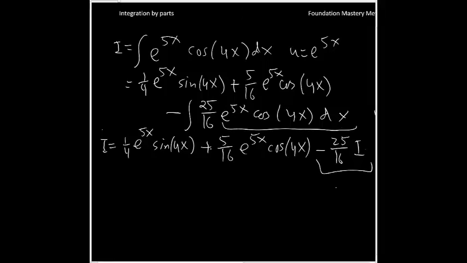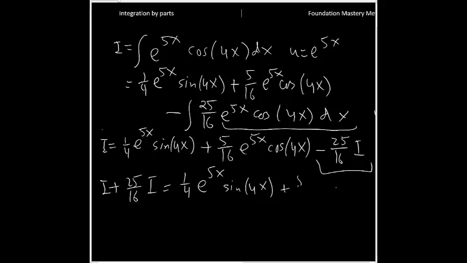So to move with the plus sign, you get I plus 25/16 I, which is 1/4 e to the 5x sine 4x plus 5/16 e to the 5x cosine 4x.